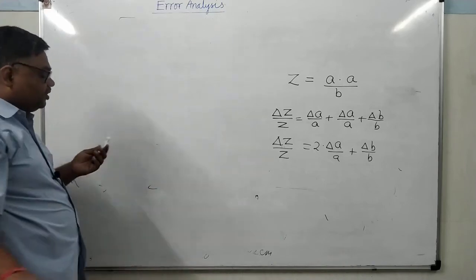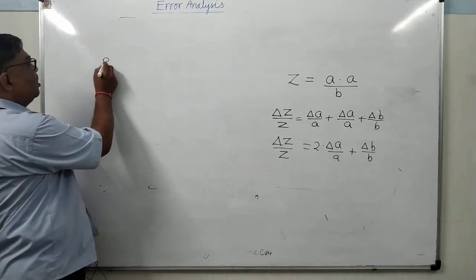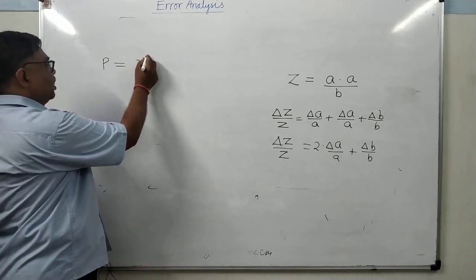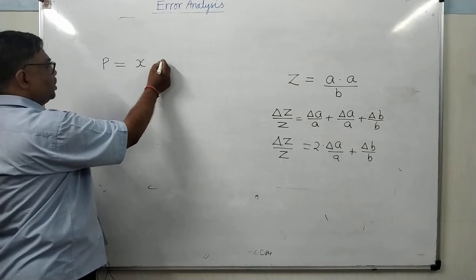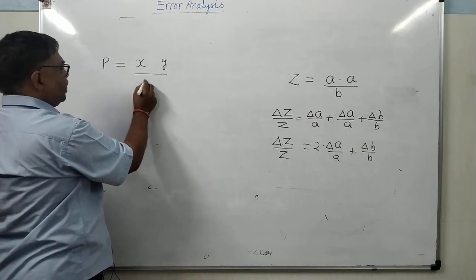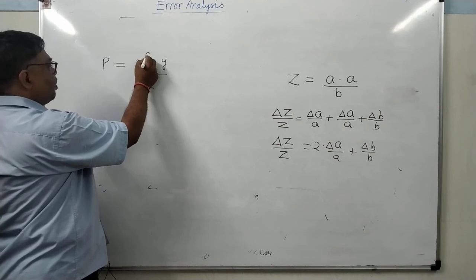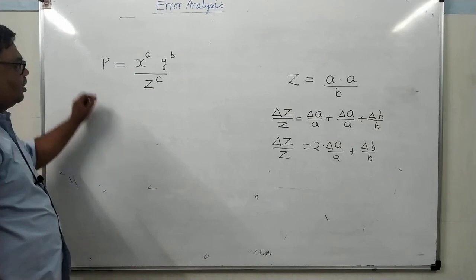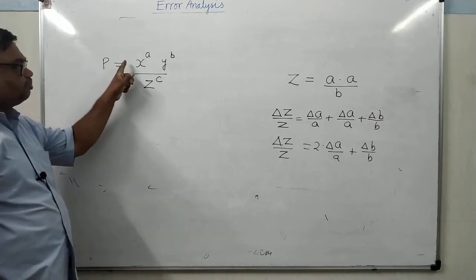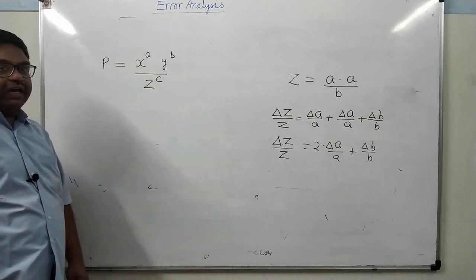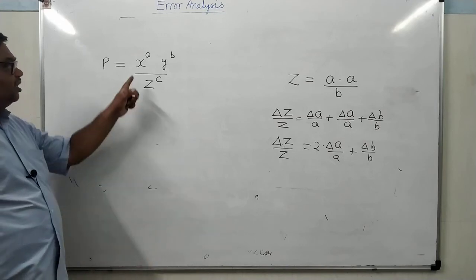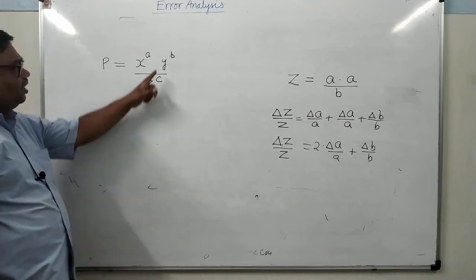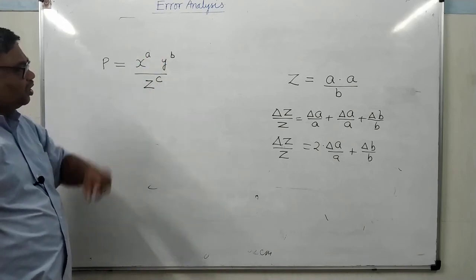So here there is a simple relationship that you remember. Suppose there is a physical quantity P which depends upon 3 measured values x, y and z, and the relationship is this: P equals x to the power a, y to the power b, z to the power c. Over x the power is a, over y it is b, and over z it is c.